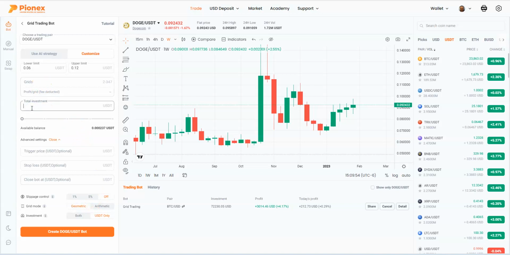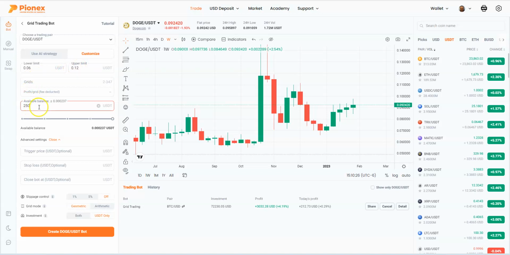So let's just say we're going to do $250, and it will tell you here. Now I didn't have enough funds in here, so it wouldn't really show. But if you had enough funds in here above the minimum, and once you put the grids in, it will tell you what the minimum amount is. There is no maximum. You can always have as large a number as you want to trade, but depending on how you have the upper and lower limit set and how many grids in, you'll have a minimum.